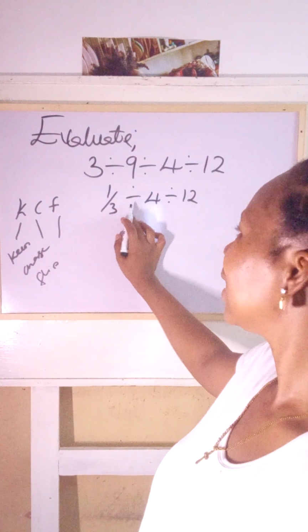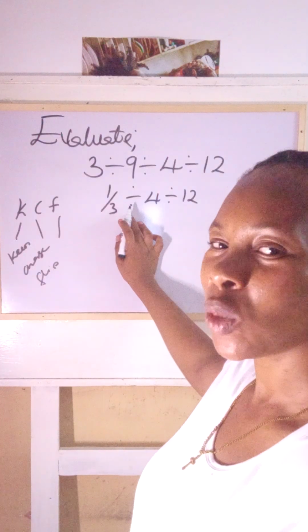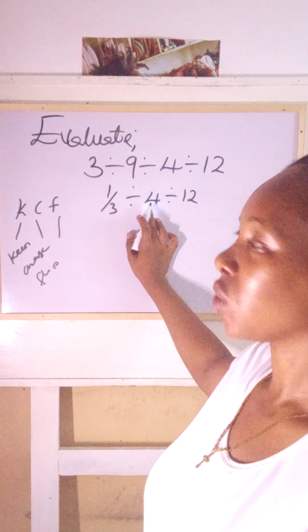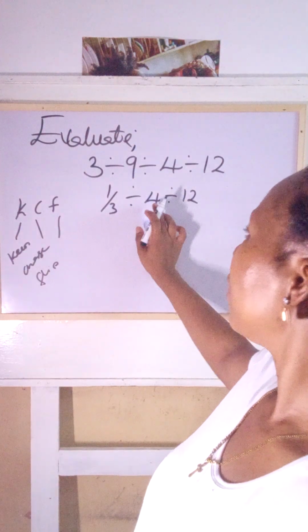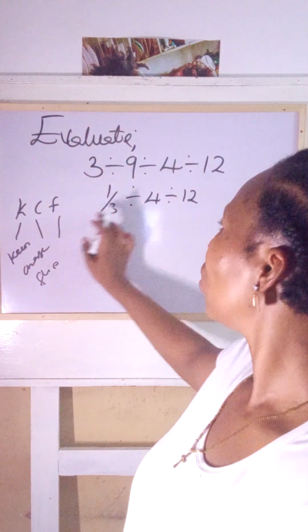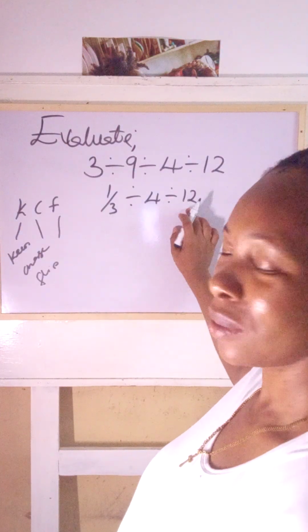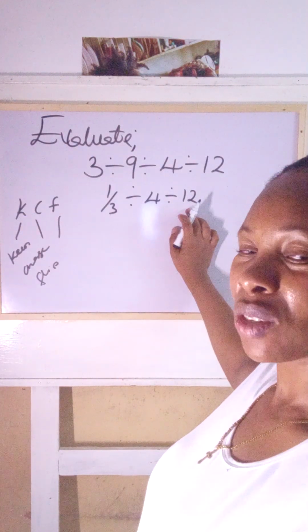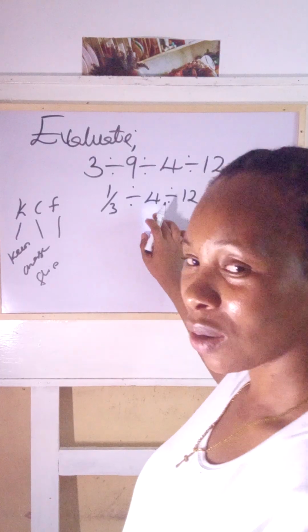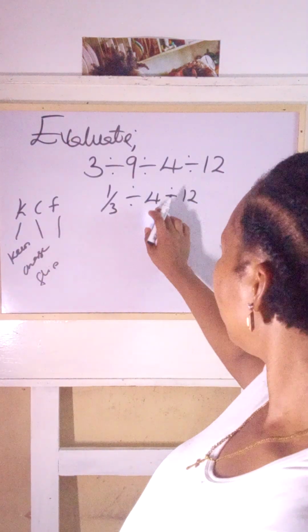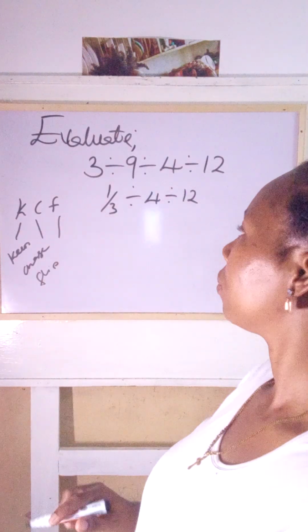You change this division sign to multiplication and flip this second fraction. So as you are flipping the second fraction, since you have another extra fraction, you have to still flip the other fraction after the second fraction. So you will keep this one, flip this one, and also flip this one.